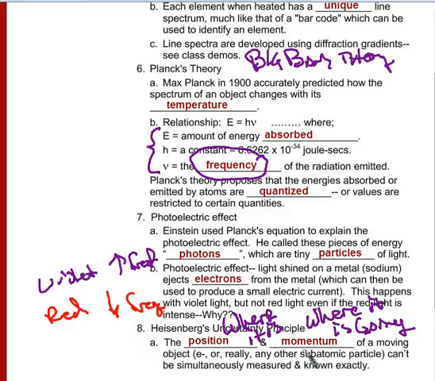Okay. We can never know both of them exactly. If we measure where a particle is, we have absolutely no clue as to where it will go next. And vice versa, if we know where it is going, in other words, what momentum it has, we have no idea where exactly it is. We could just say, well, we know it's headed that way, but we don't really know where it is.